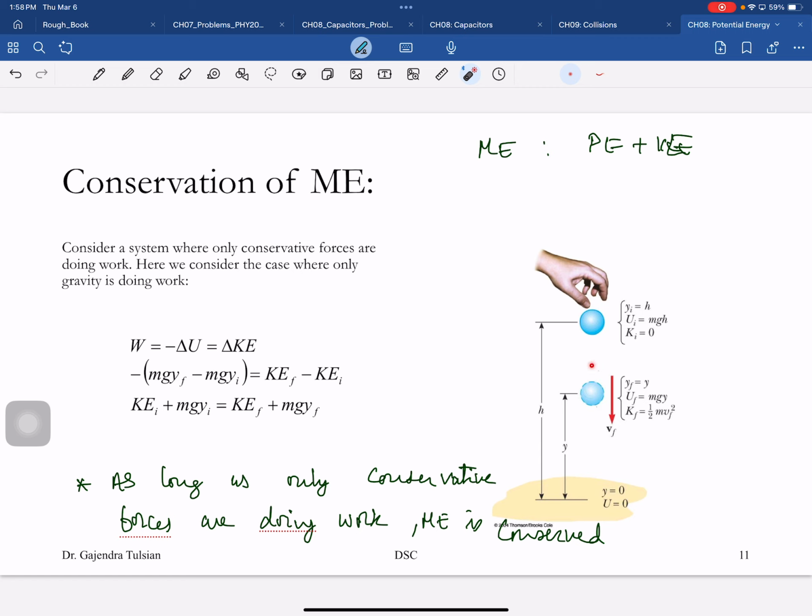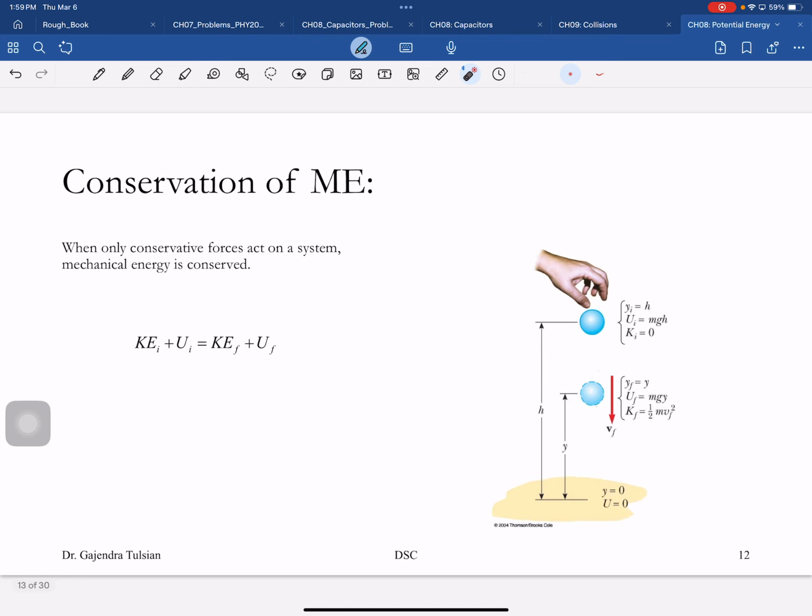So let's say you drop this object, or this object slides down a slide, frictionless slide, at all locations, kinetic energy plus gravitational potential energy will remain constant. So at every point, the sum of kinetic and potential energy is the same.